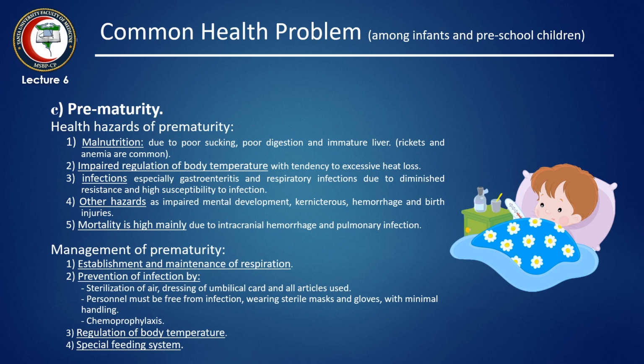This can be done either by using the incubator or wrapping in cotton and blankets. Finally, special feeding system and supportive therapy, whether oral vitamin and iron or parenteral vitamin.